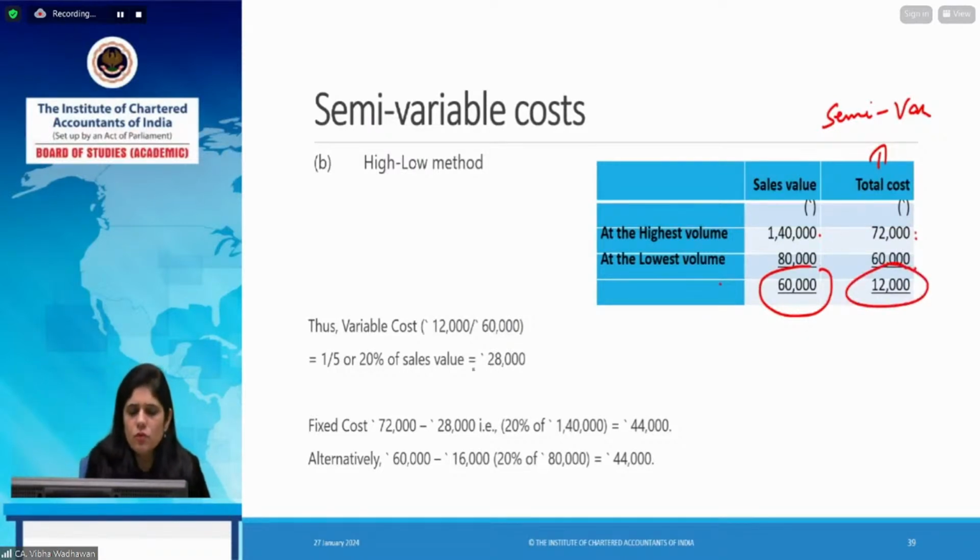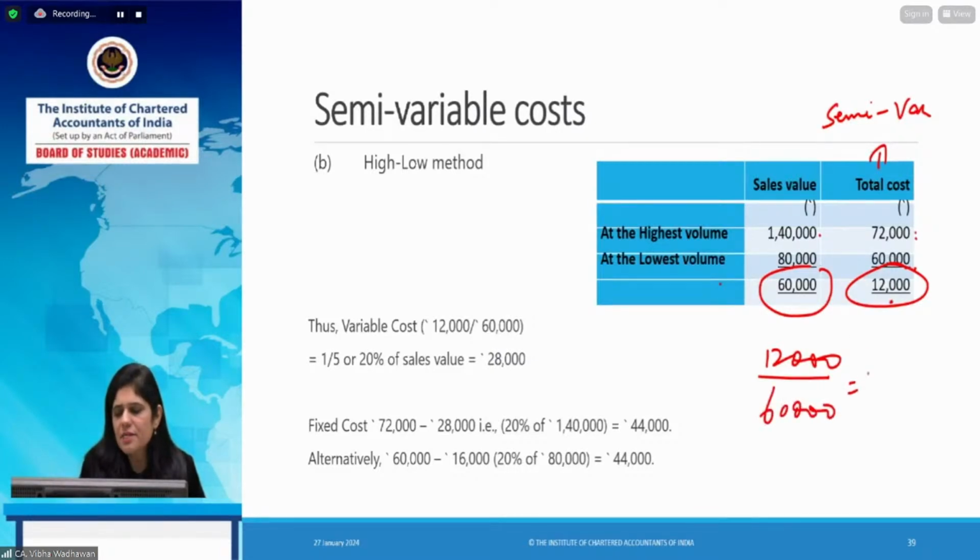So we have to calculate the variable cost. 12,000 divided by 60,000, so difference in the cost divided by difference in sales. परसेंट आप निकालोगे, कितना परसेंट आ रहा है? 20%. That means 20% of sales is the variable cost. Clear?